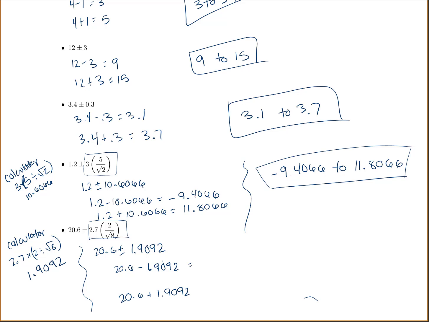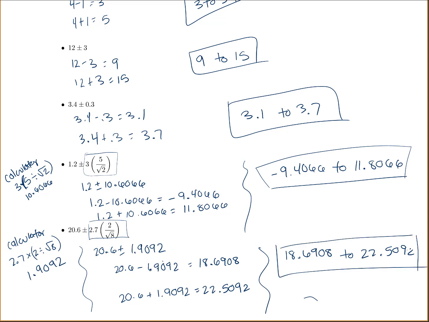When I do the minus, 20.6 minus 1.9092, I get 18.6908, and when I do the plus, I get 22.5092. So my final answer is 18.6908 to 22.5092.